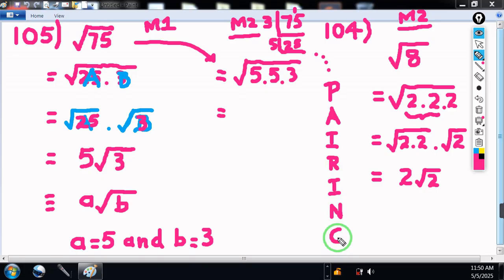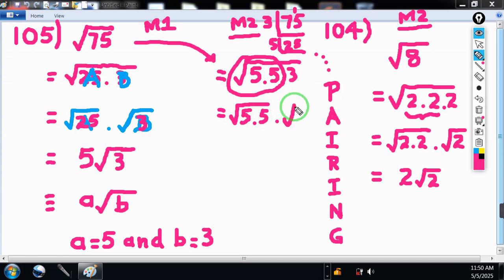We are pairing them up. Take the first 2 here and write them down. Don't write 25. No need. Just write there root of 5 dot 5. Then dot root of 3. Good.